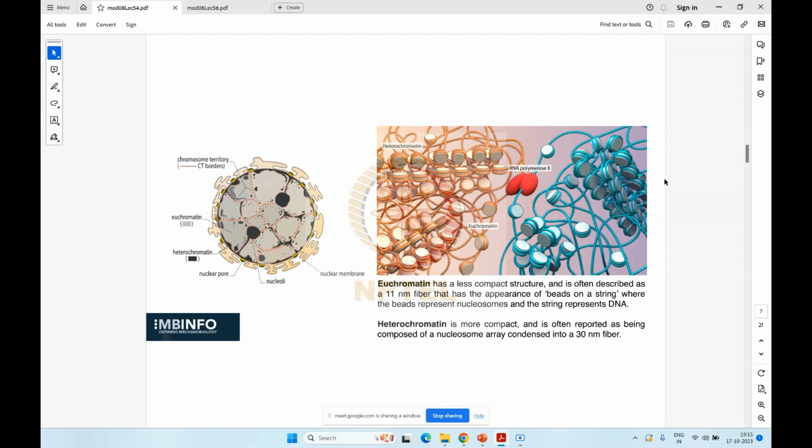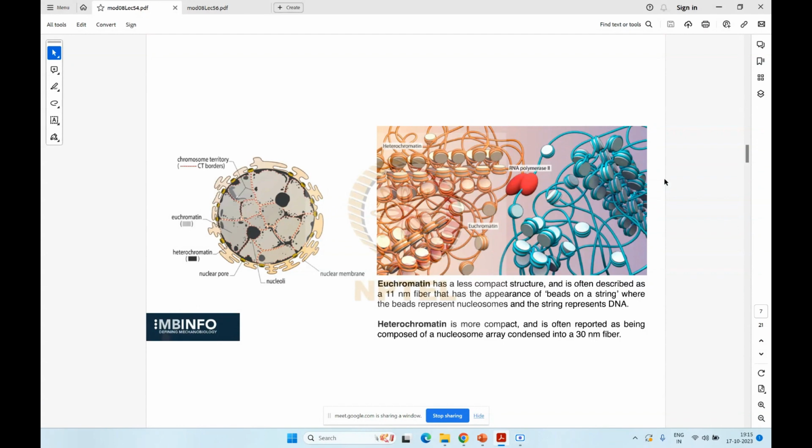The euchromatin, as compared to heterochromatin, is very loosely packed. It basically enables the DNA to be exposed to the RNA polymerases or other proteins that are floating around inside the nucleus.